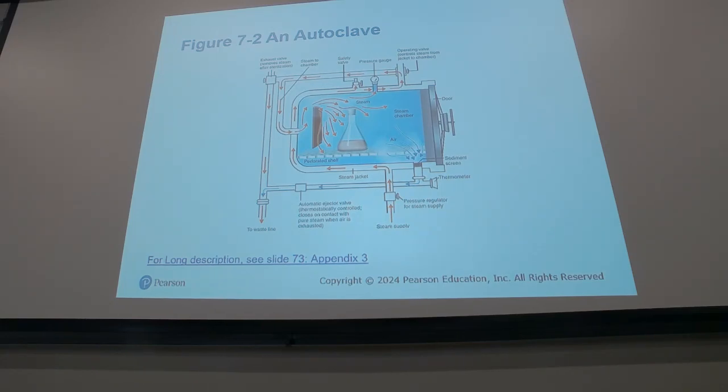You have a safety valve just in case that you need to stop the process during this time where you're running the autoclave. And then you have a port where you can exhaust this steam after your sterilization process is done, and this steam goes into a wasteline.